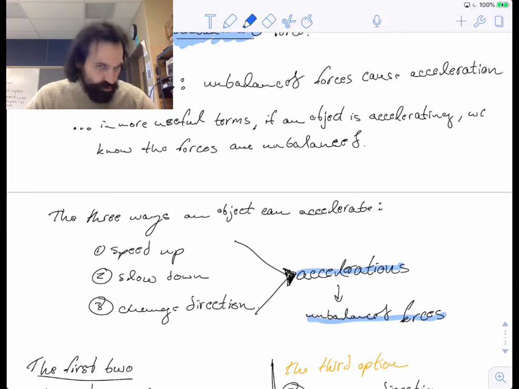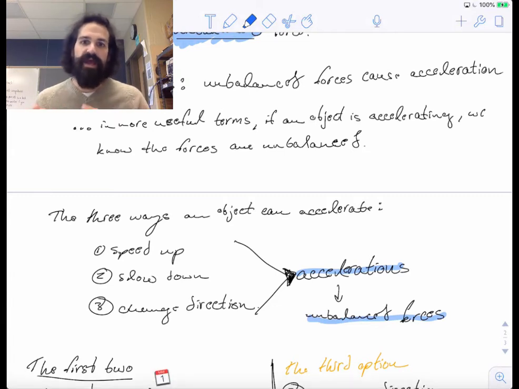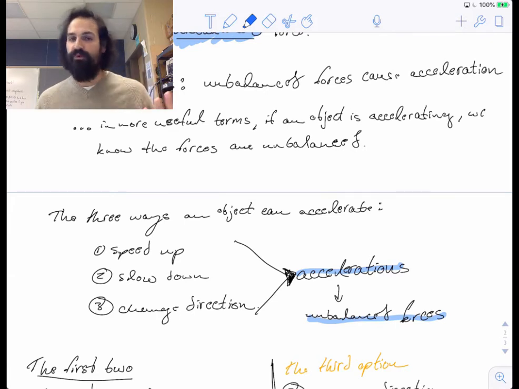If it is speeding up or slowing down or changing direction, that means it is accelerating, meaning the forces are unbalanced. And if you do find the forces are unbalanced, then your next thought, at least in physics, should be, oh, F equals ma, Newton's second law of motion, actually. So Newton was killing it in this category. The unbalanced force, the net force, the total force, is equal to the mass times the acceleration.